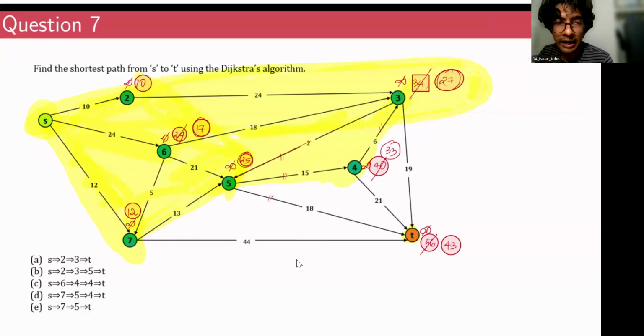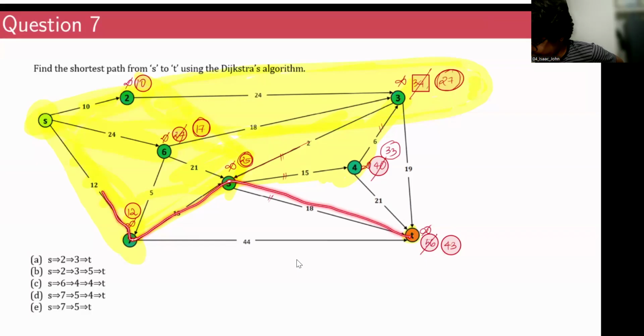Now we have to backtrack and see which path or which combination of path would give you this cost function of 43, right? So I believe it is, what was it? 18 plus 13, that is 31, plus 12, 41, 42, 43.